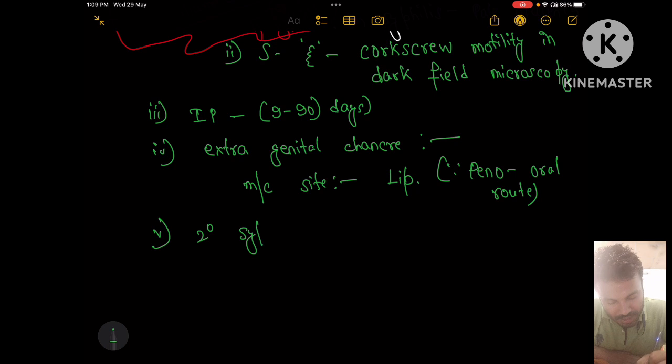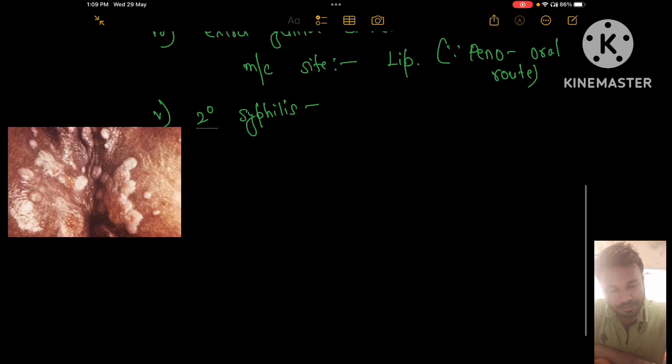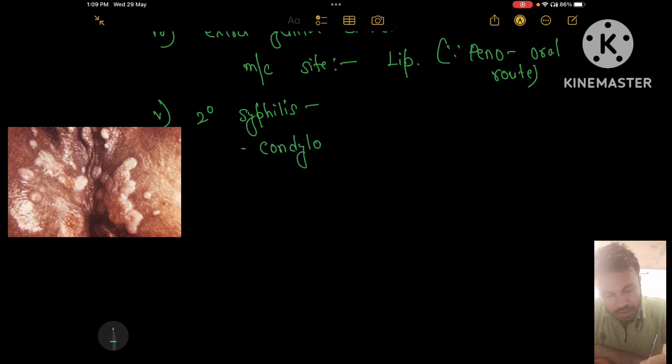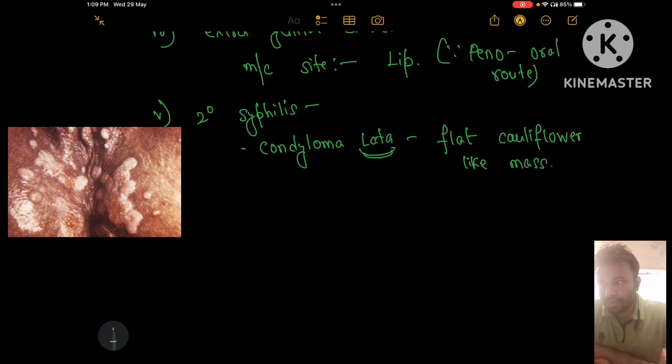Next point, secondary syphilis. Here the important term is condyloma lata. It is a flat cauliflower-like mass.